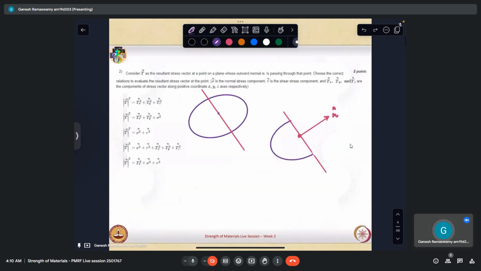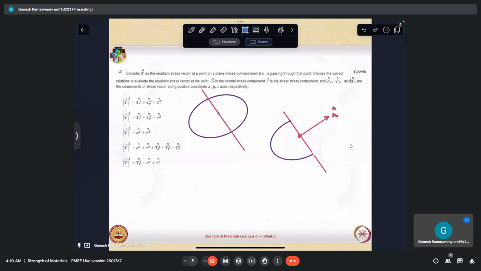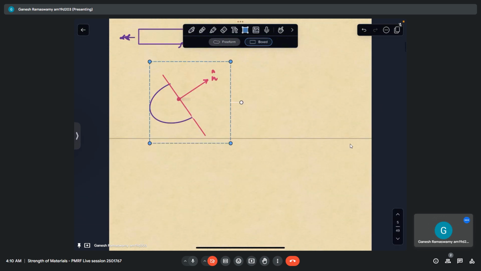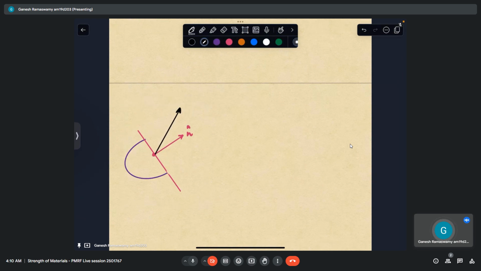So, for example, if I take the same diagram and let us say the traction vector here is like that. How we represent the traction vector is by capital T or small t or whatever that is.